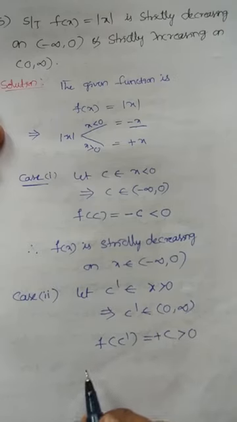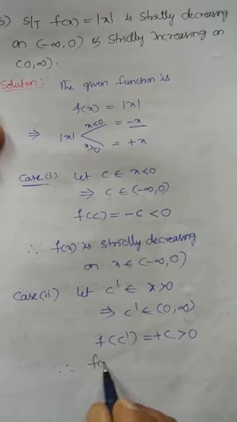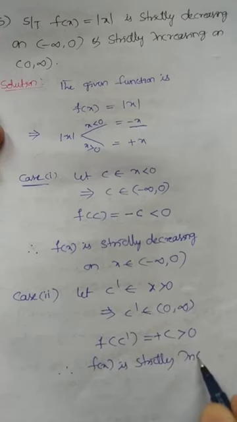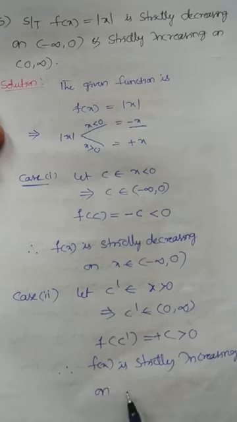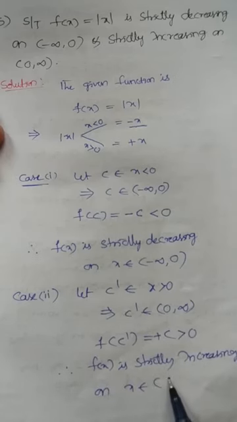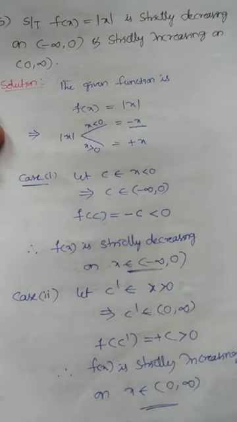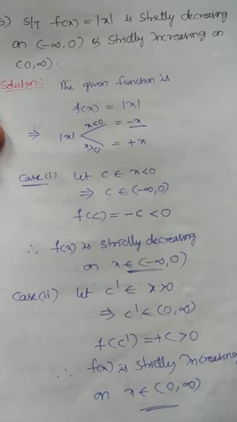So f of x is strictly increasing on x belonging to 0 to infinity. So in this interval f of x is strictly decreasing, in this interval f of x is strictly increasing.